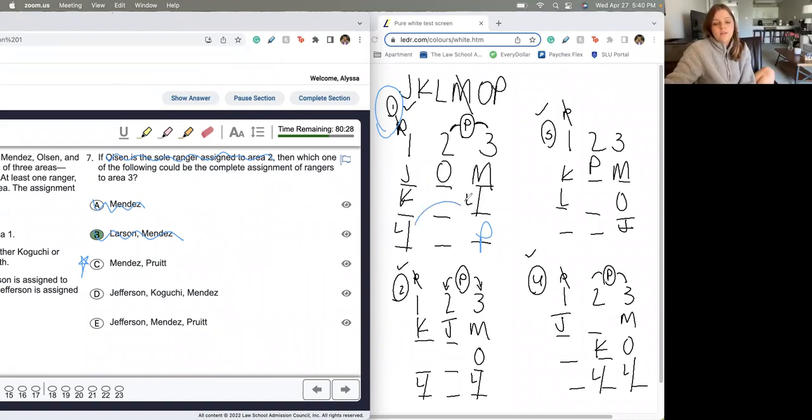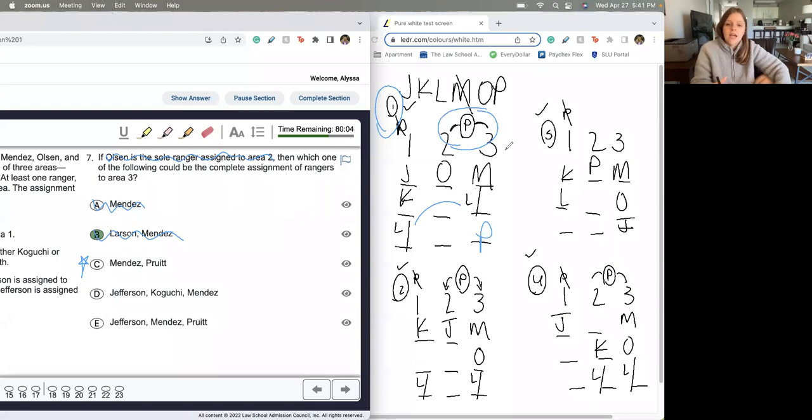Gotcha. So L, you can do this in a number of different ways if you want. I like writing it like this to notate that L could go over there. You could write it something like this if you wanted to, like our P up here. So L is going to move between 1 and 3. It can go into column 1 or it can go into column 3. It's flexible.